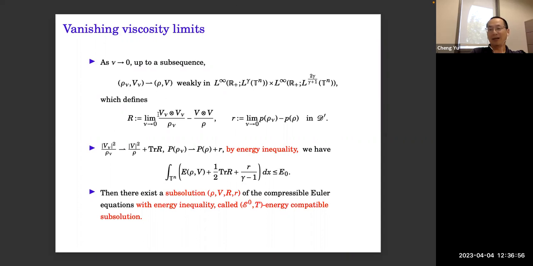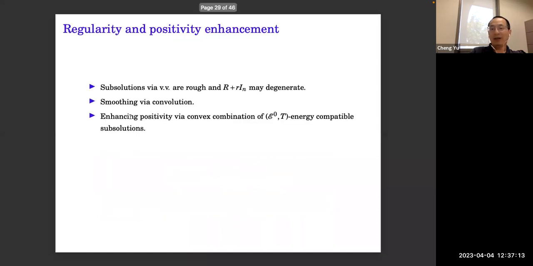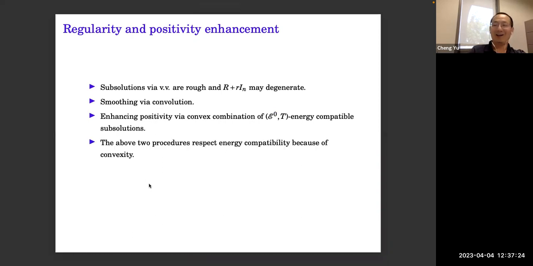If we want to apply convex integration, we need them to be strictly positive. So we need an additional mathematical treatment to get this matrix strictly positive, but I skip the detail here.